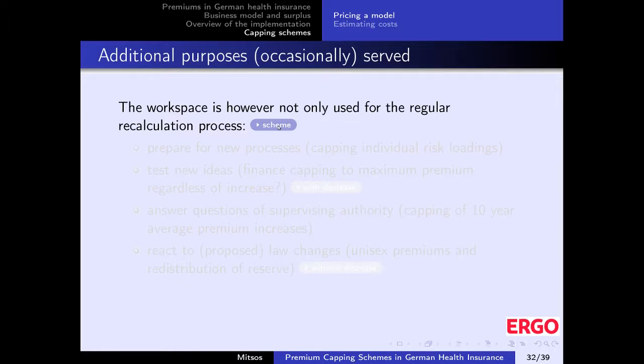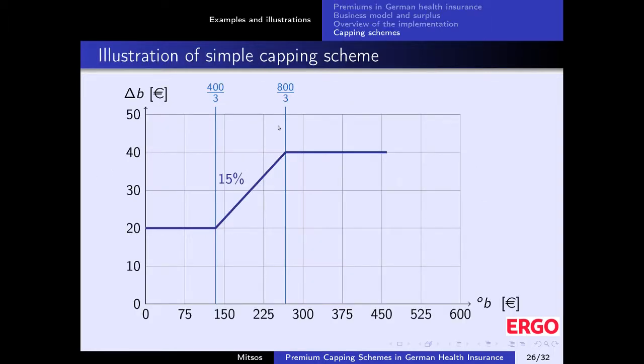Now, let us see what a capping scheme may look like. This would implement 3 rules depending on the premium before the recalculation and the premium increase. It defines a range of allowed premium increases. We have also a component here called social capping. I will not go into details.